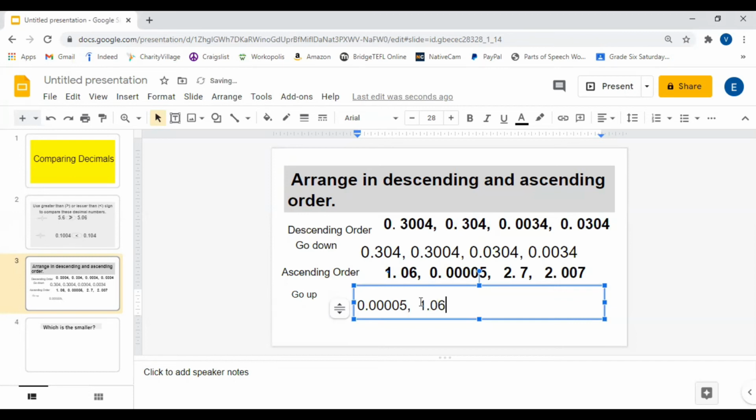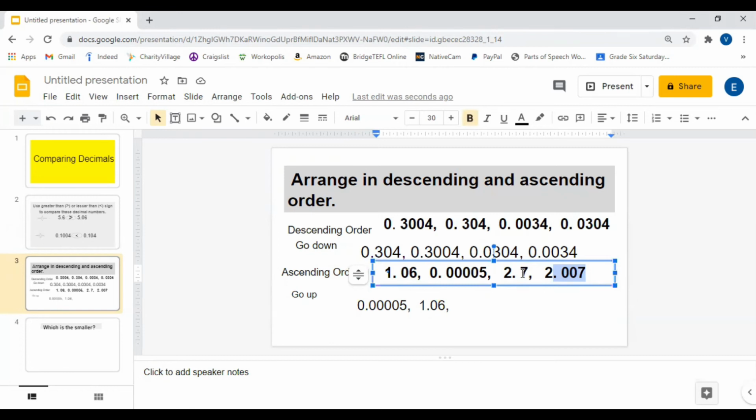1.06. Now, as I'm going up, which is the third number up, you have 2.7 and you have 2.007. I'm looking at the smallest one here. Guys, 2, 2. Yeah, so we can't use the whole numbers to determine which of these is smaller or which is bigger. So I'm going to look at the second digit.